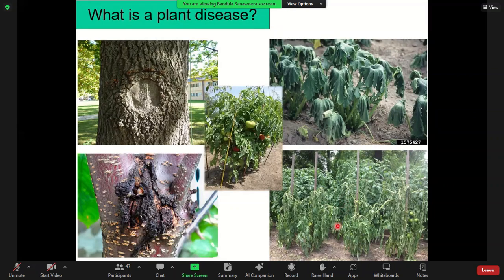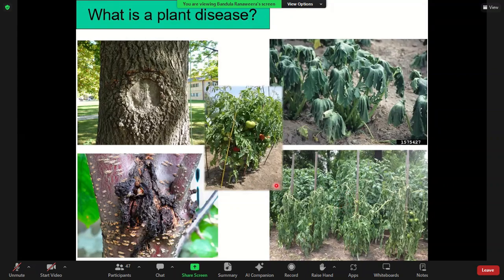But these plants, due to some reason, are not absorbing water properly. Because of that, the plant is dehydrated. Here also the same. Leaves are droopy, and due to that, the photosynthesis is affected, and the affected photosynthesis will finally show the reduction of yield or reduction of fruits produced by these plants.